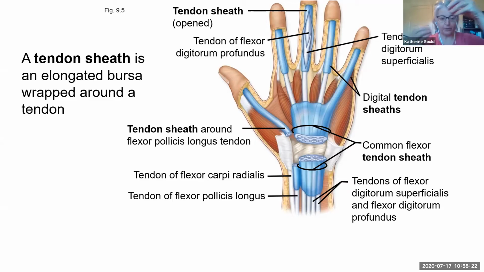So this is a pocket wrapped around a tendon that's called a tendon sheath, and it is a kind of bursa. So in the hand, you have this one tendon sheath that goes around all of these tendons that are going to go into the hand. And then you have individual tendon sheaths going around the tendons to each finger, okay?